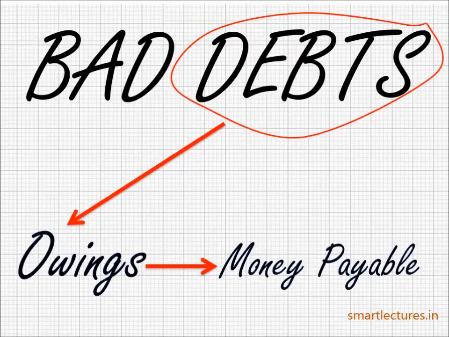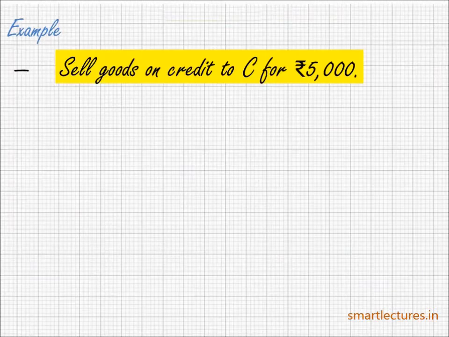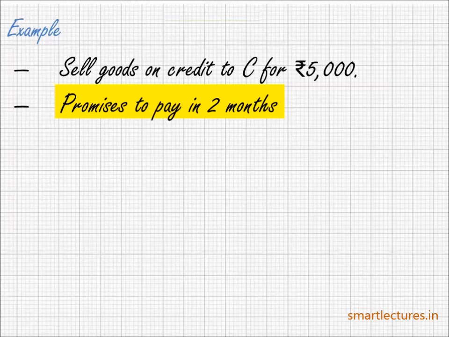What does it mean? I will try to explain this situation with the help of an example. Suppose we sell goods on credit to C, our customer, for rupees 5,000, and he promises to pay the money after 2 months.